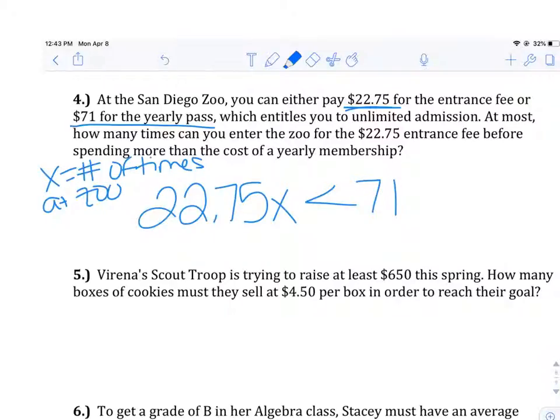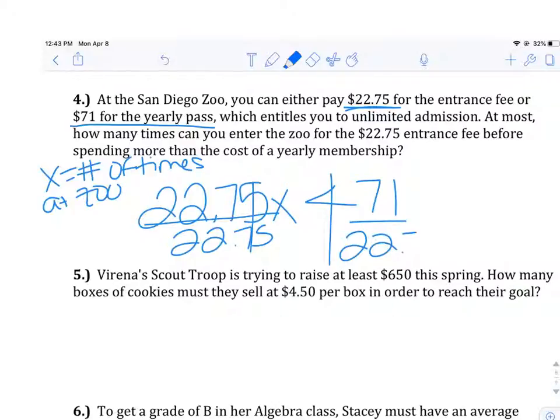To solve, we are going to just divide both sides by $22.75. And when I divide that, I get X is less than 3.2. So we'll just say X is less than 3 because you're going to the zoo, so it has to be a whole number.